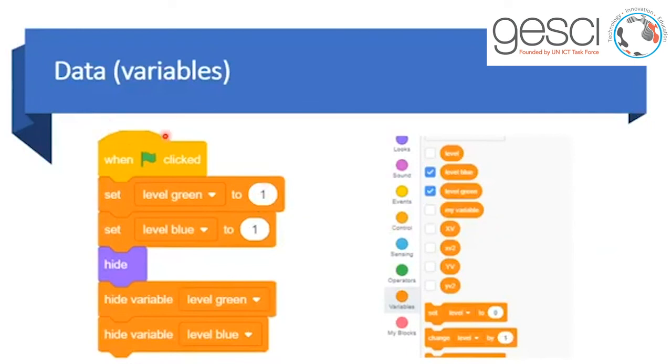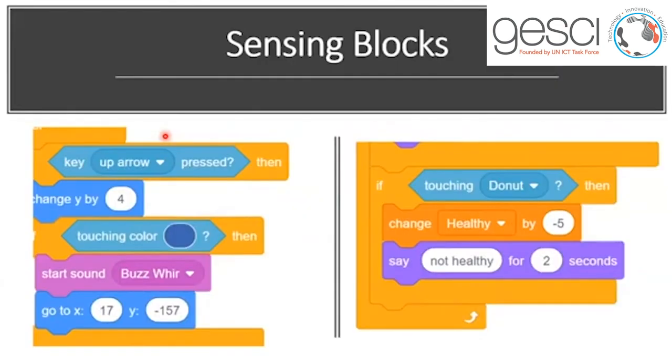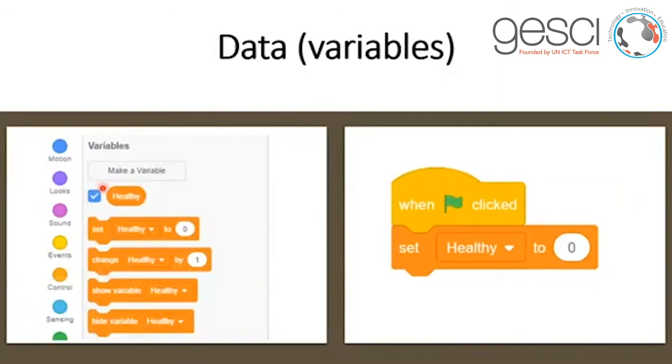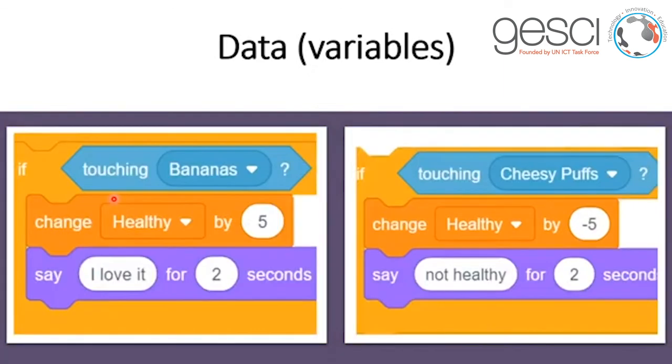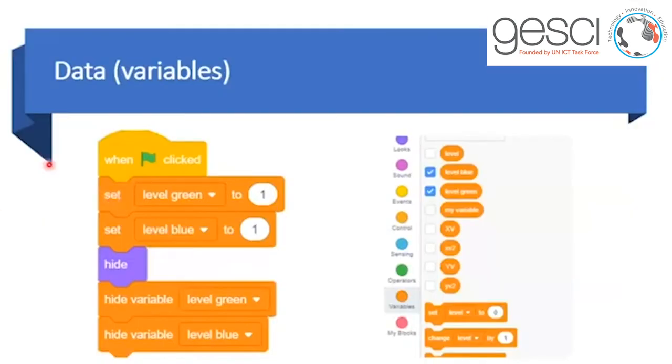Then yesterday we only looked at one variable. So we had a variable which was about our health. This is the variable that we were able to create. But in the multiplayer game, we have more variables where we have the levels in different colors because we have two players, one in blue and the other one in green.